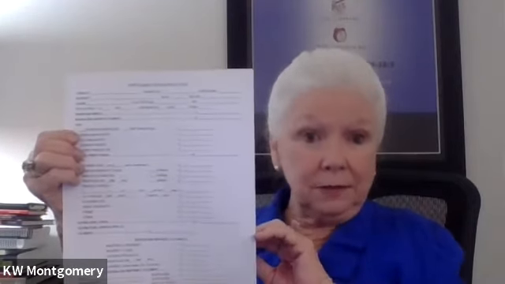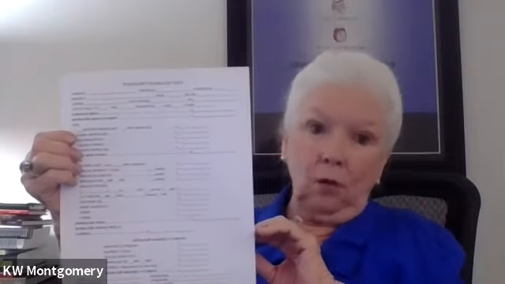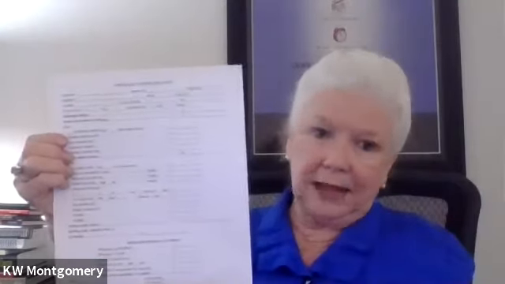Y'all, don't do this out of your head or from what you did with the last transaction, because you'll just end up not getting it exactly right. You don't want that to happen. So be sure that you get a cost worksheet from the lender, and don't have the buyer just sign that cost worksheet and try to pass it off as this document.